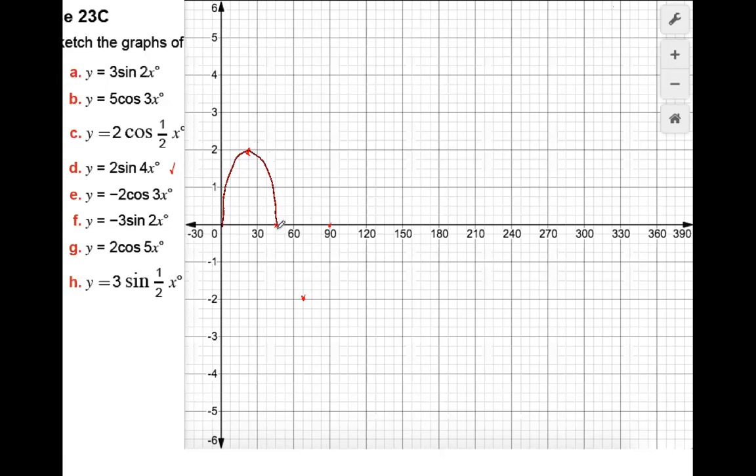So 1, then you do the same for 2, 3, and 4. So 90, I add just that here, and 180, going through here, and halfway between them two.